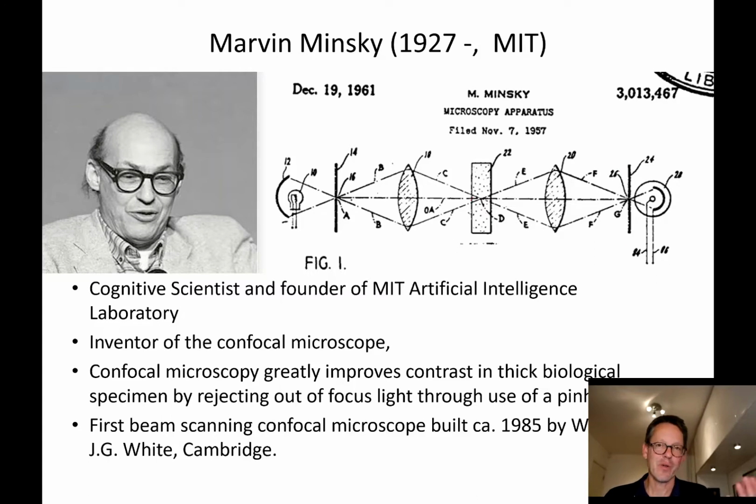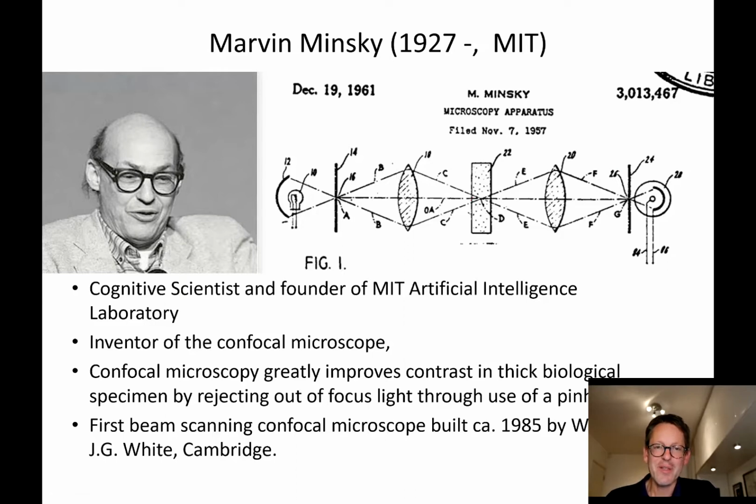They're everywhere in laboratories all across the world. The confocal microscope was invented by this man here, Marvin Minsky, who was the founder of the MIT Artificial Intelligence Laboratory. You see here a drawing of the patent application that Minsky put in in 1961 for the confocal microscope.